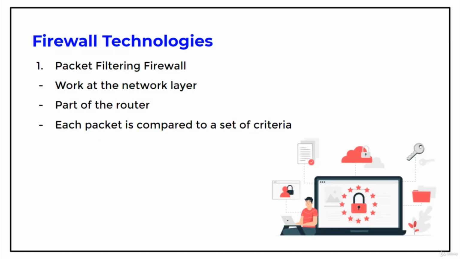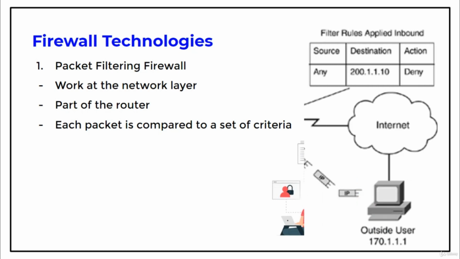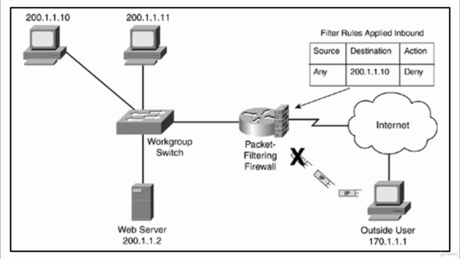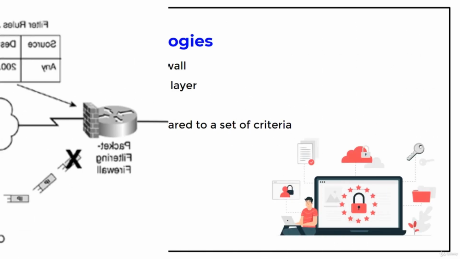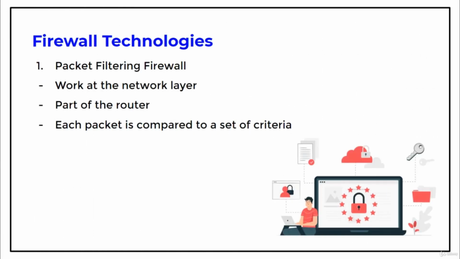Now, the firewall technologies. First is packet filtering firewall. Packet filtering firewall is used to control network access by monitoring outgoing and incoming packets and allowing them to pass or stop based on the source and destination IP addresses, protocols, and ports. It analyzes traffic at the network layer.